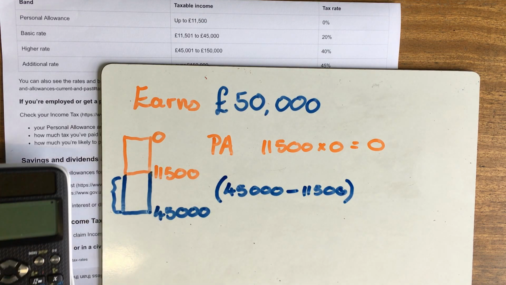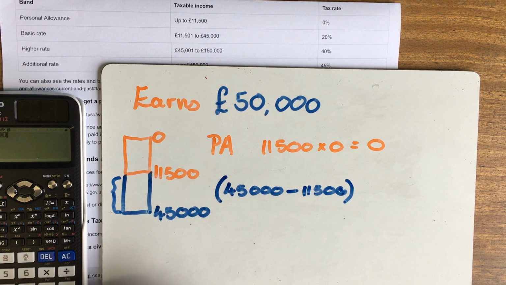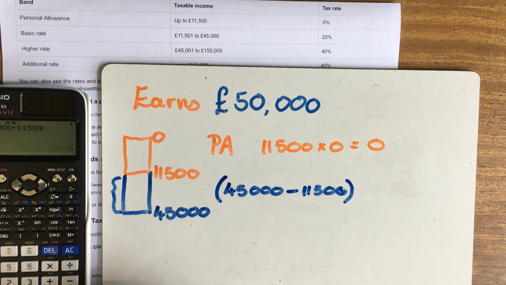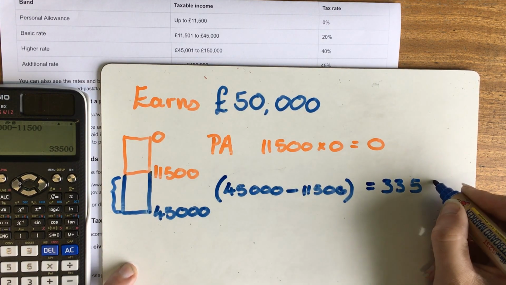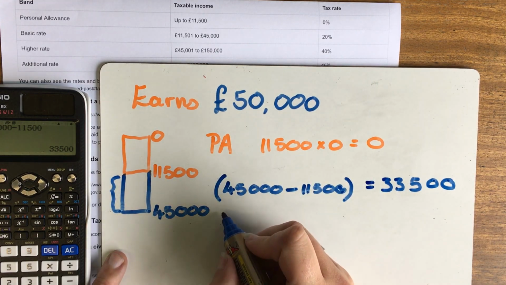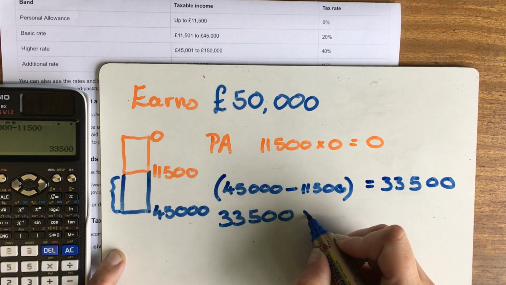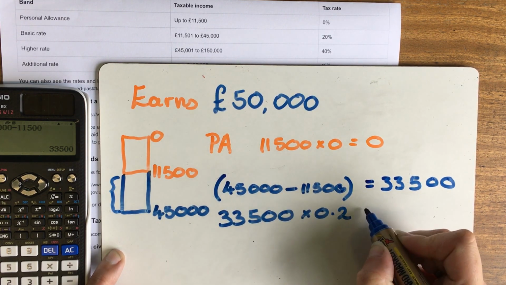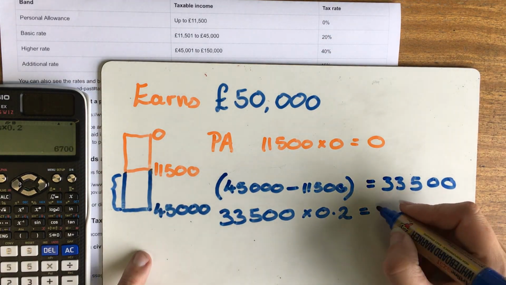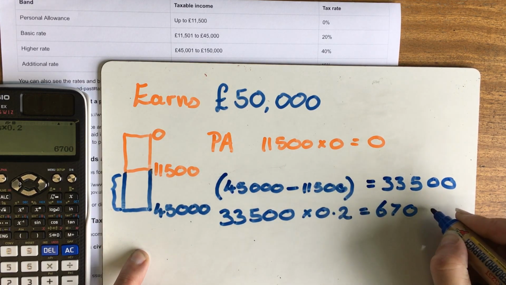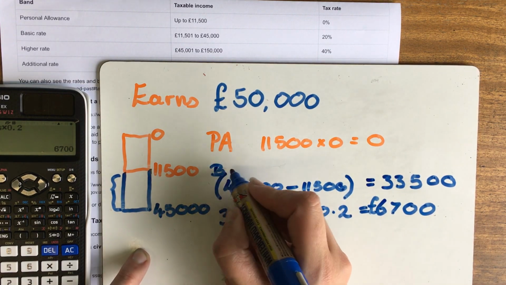From a calculator point of view, 45,000 take off our 11,500 gives us 33,500. So we are paying basic rate on that much money. That is going to be times by our 0.2 because it's at 20%. So we times that by 0.2 and that's going to be 6,700. So this is the bit at basic.